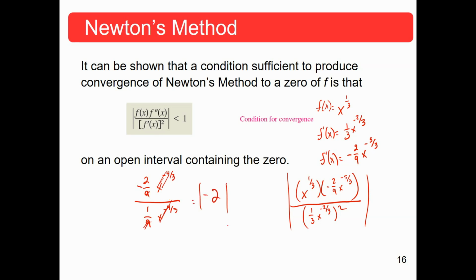The absolute value of negative 2, right, because this is all absolute value, is 2. Is 2 less than 1? Nope. Therefore, it does not converge. So that's a little test. If you start playing with one and you think it's not going to converge, plug it in there and see, will that value converge or not?